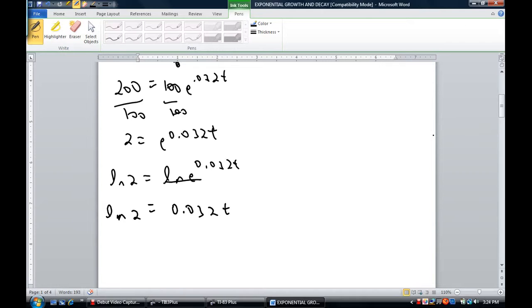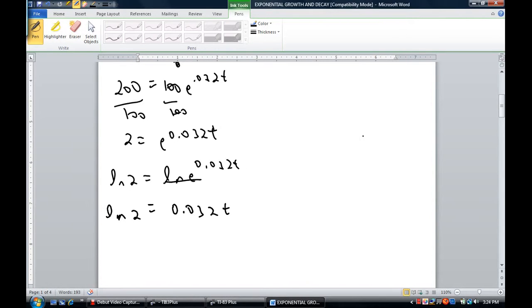Something I want you to realize: if you're asked to find how long it takes for something to double, that involves exponential growth or decay, what's going to happen is you're always going to divide by the number in front to isolate the exponential term. And that's always going to end up being a 2. And then you're always going to take the natural log of both sides, and it's always going to end up being the exponent.